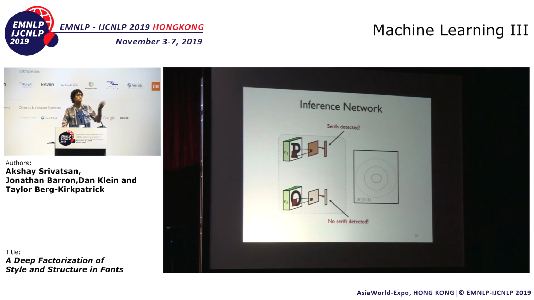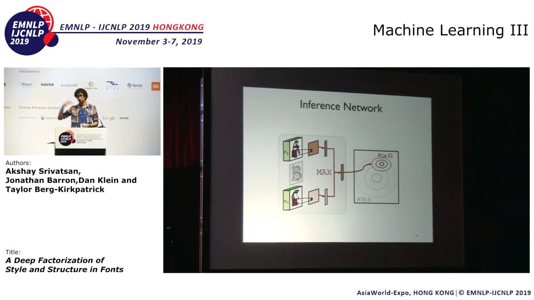We want to take the union of that information instead of just averaging it out. So our solution for that is to use a simple element-wise max. And once we have that representation for the entire font, we can then pass it through some further layers in order to get our parameters for our approximate posterior.